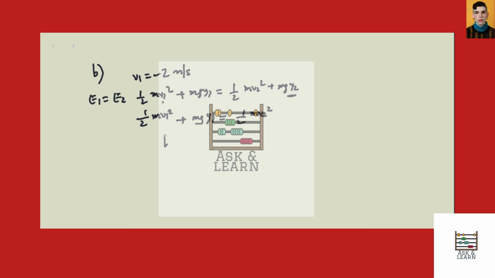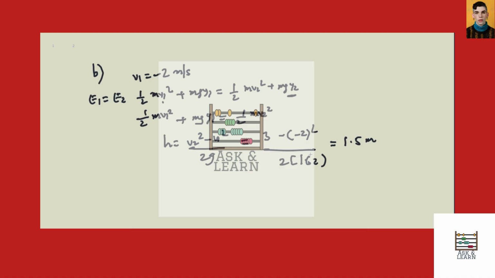So if you solve that, you will get h equals V2 squared minus V1 squared divided by 2g. Rearranging the equations, you'll get 3 squared minus 2 squared divided by 2 times 1.62, which is the value of g on the surface. That should give you 1.5 meters.